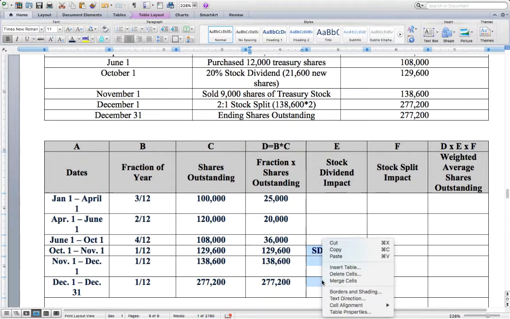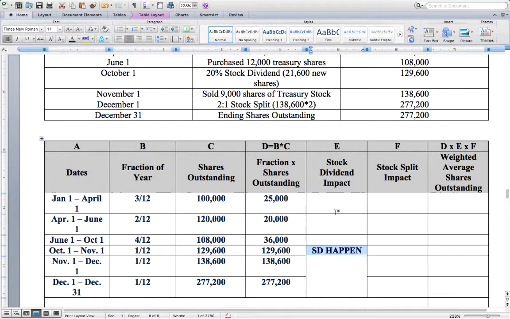However, you need to make sure you note, since you have to reflect this as if it occurred at the beginning of the year, these 3 periods, the January through April, April through June, and June through October, those periods did not have the stock dividend impacted in the calculation. Therefore, you need to go back and calculate it as part of those periods.